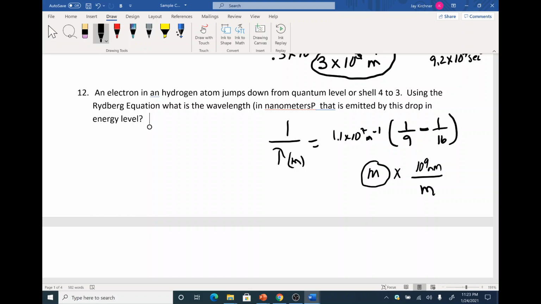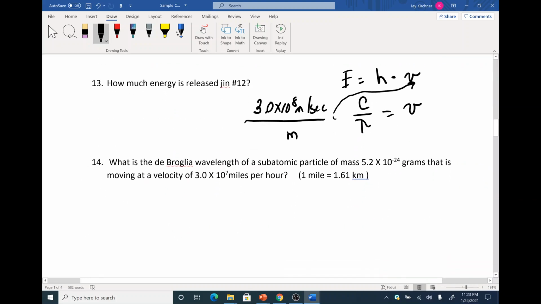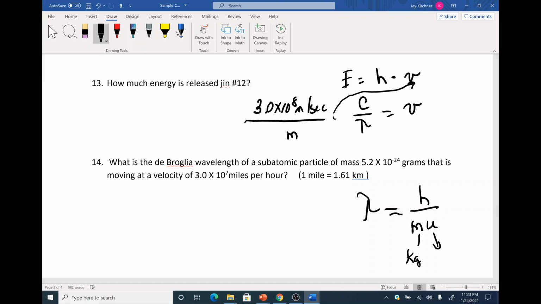Okay, de Broglie wavelength. So this is a good thing to say, hey, we've got to do this. De Broglie wavelength, by the way, equals Planck's constant over mass in kilograms times velocity. This mass better be in kilograms, and this velocity better be in meters per second, or else.